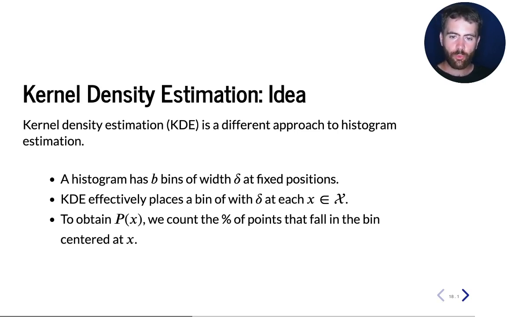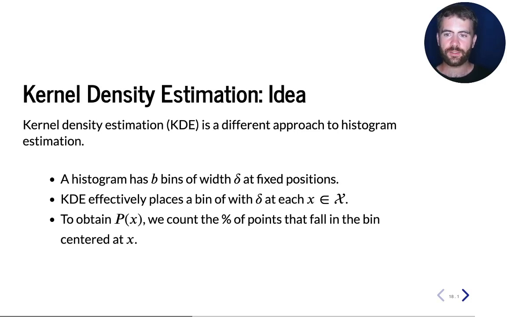When we perform histogram binning, we choose B bins, and they have some fixed width delta, and we place them at certain fixed positions. So we define a grid, and then we count how many points fall in each grid cell. In kernel density estimation, we effectively place a bin at each possible x, where x can be any point in our input space.